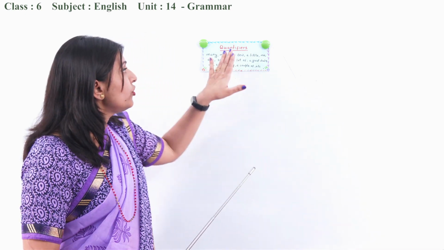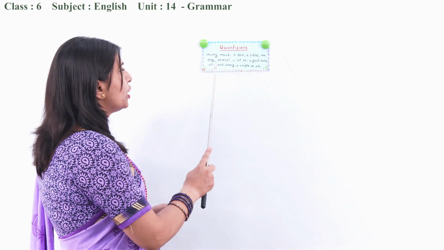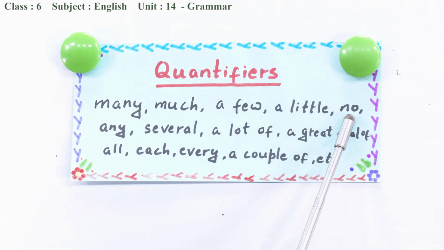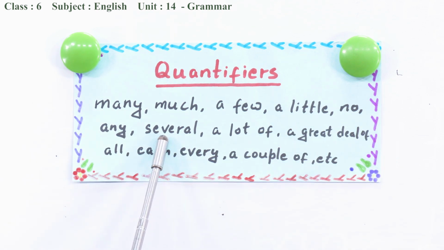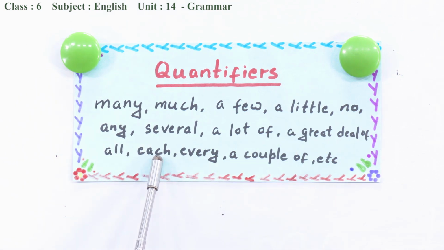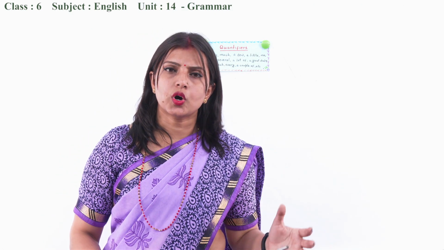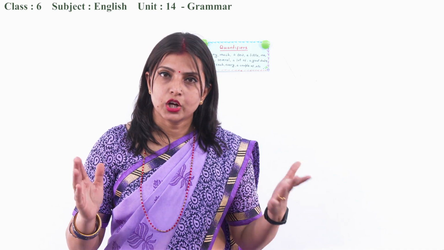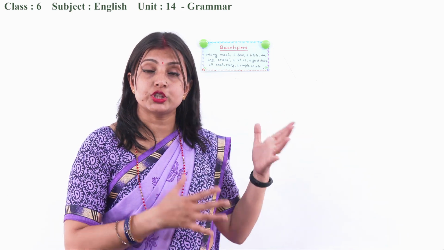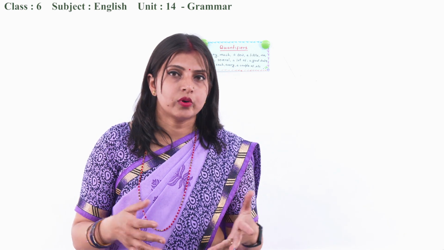Okay, so quantifiers are those words which show the quantity of things like many, much, a few, a little, no, any, several, a lot of, a great deal of, all, each, every, a couple of, and many others. Any word which shows the quantity, they are quantifiers. Okay, we have been doing the exercises about quantifiers. You must know it. What are quantifiers actually? Okay, so can you say now what are quantifiers?